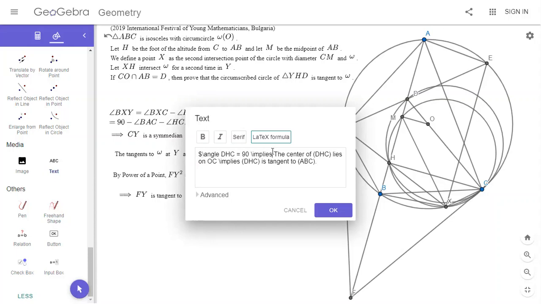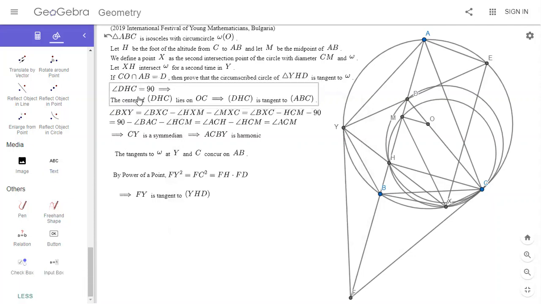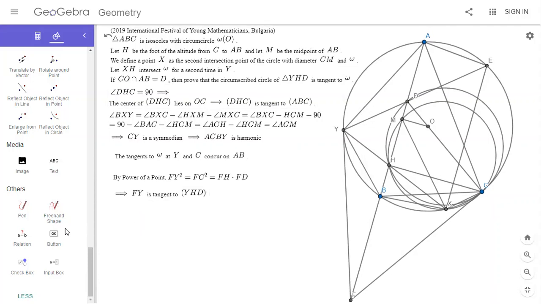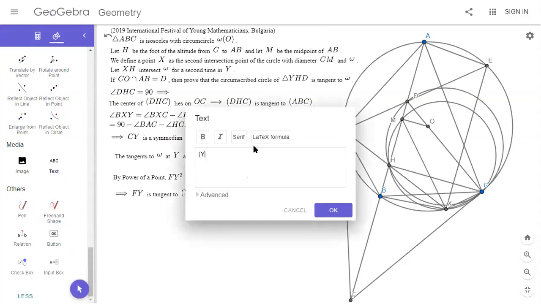So all right. And then that means that YHD, the circle YHD, is tangent to ABC.